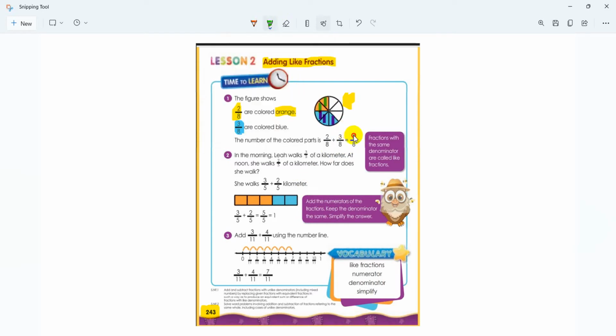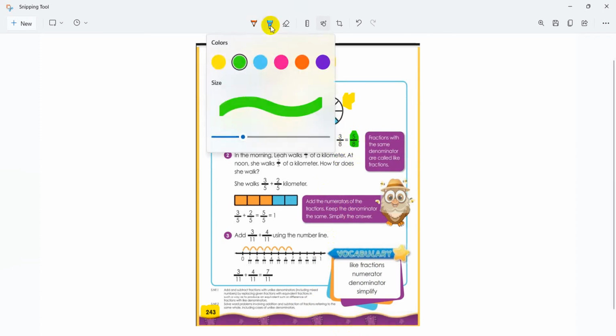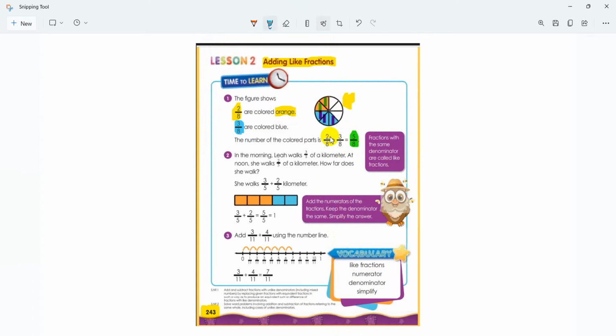So when we add 2/8 plus 3/8, we get 5/8. Look carefully, we just add the numerators up: 2 plus 3 equals 5, and down we write the same 8. Why?